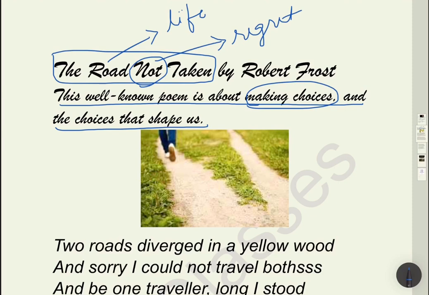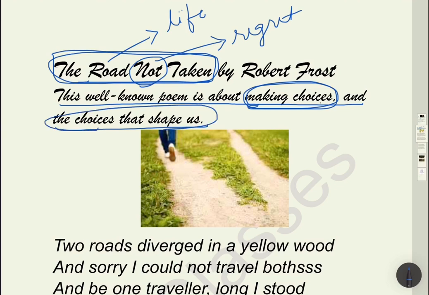So The Road Not Taken is being analyzed in many ways, but the common message that this poem wants to say is that life is full of choices, and many times due to your choice your future is being shaped.